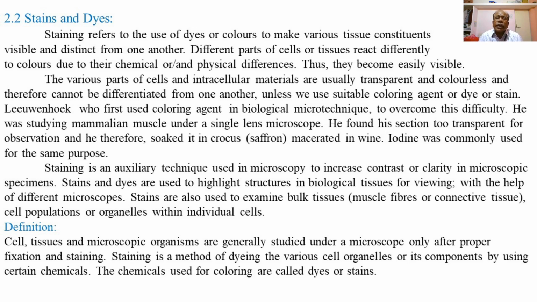Staining is an auxiliary technique used in microscopy to increase the contrast or clarity in microscopic specimens or study material. Stains and dyes are used to highlight or differentiate structures of the various cellular components of biological tissues for viewing under the microscope with the help of different microscopes.